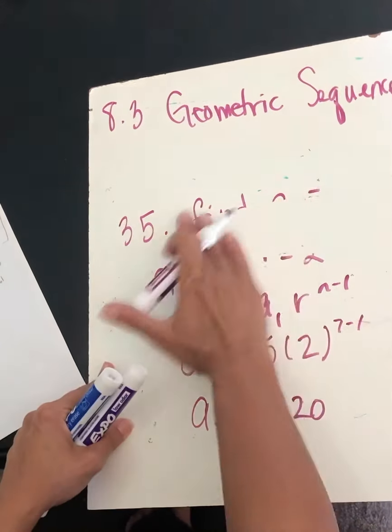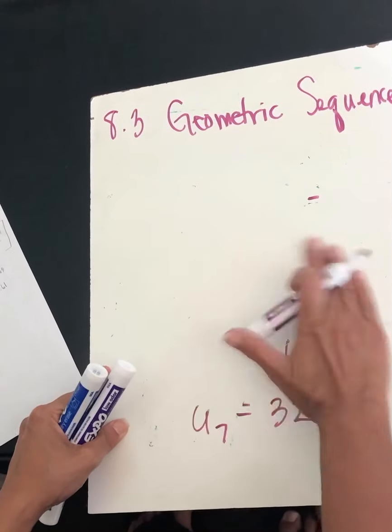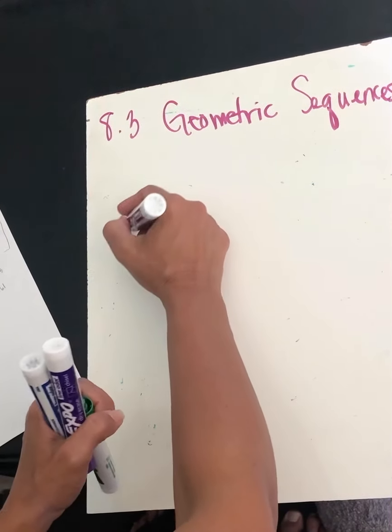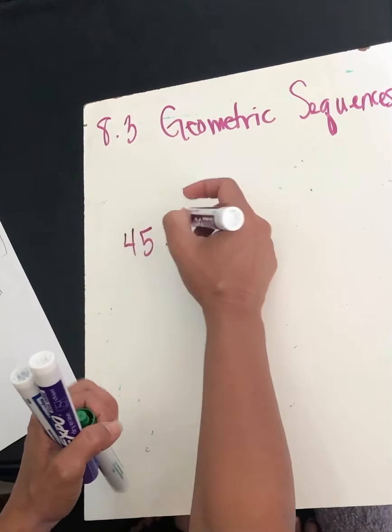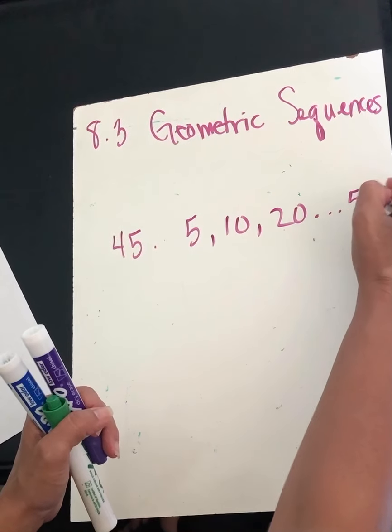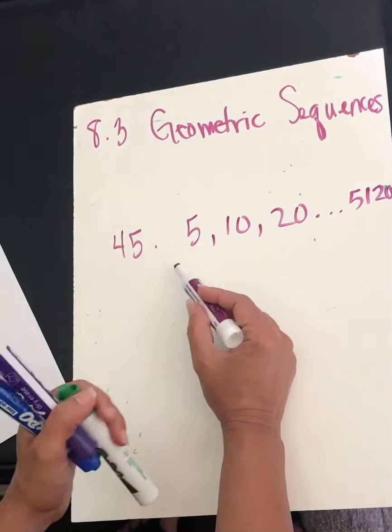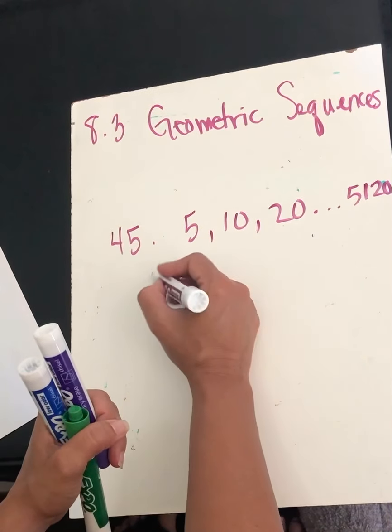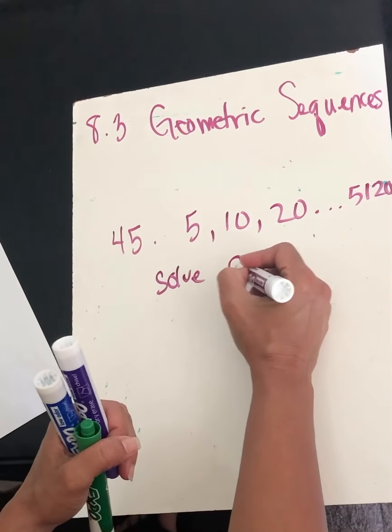The next one I'm going to look at is number 45. On number 45, you're given a sequence of 5, 10, 20, and it stops at 5,120, and it asks you to find how many terms are in the sequence. So we are going to solve for n.